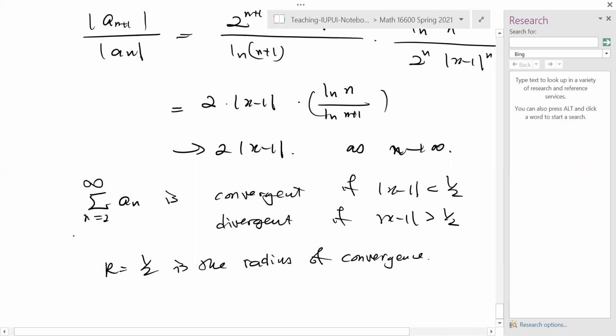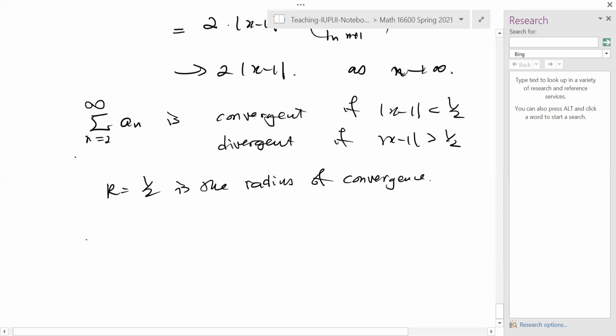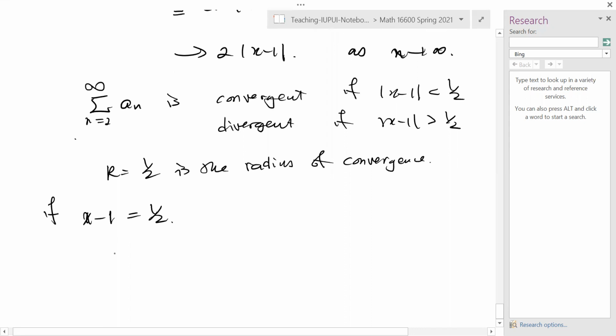At the endpoints, there are two cases. So x minus 1 equals 1/2. If x minus 1 equals 1/2, then this series is just equal to the sum of 1 over natural log of n.